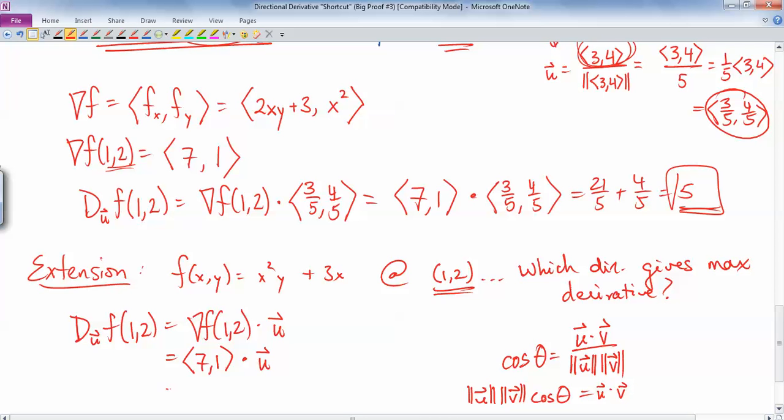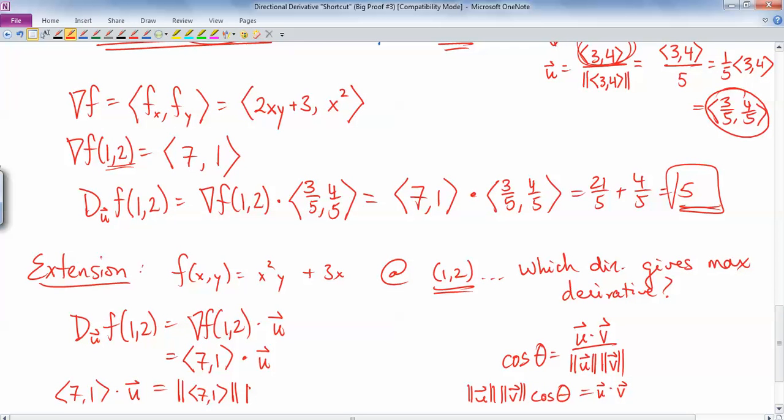So if I apply the same logic here, then 7, 1 dot u is the same thing as the magnitude of 7, 1 times the magnitude of u times cos theta, where theta is the angle between them.